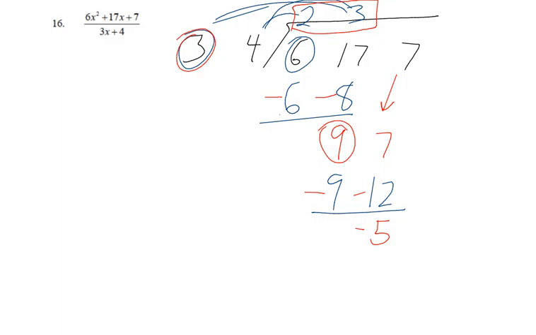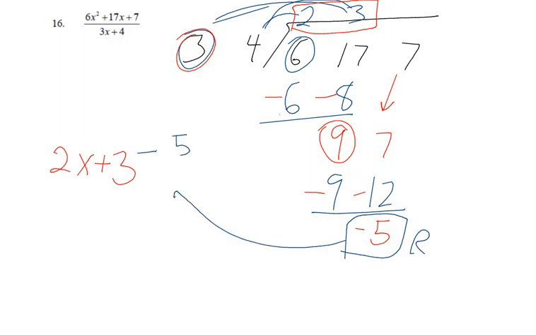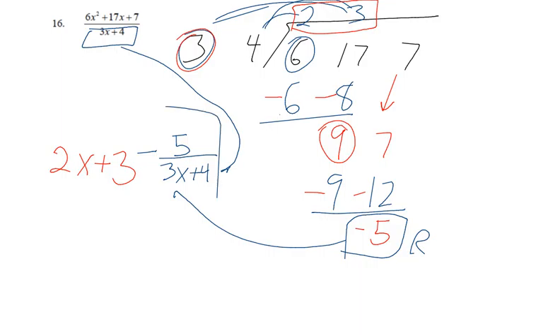That's the same thing as saying 2x plus 3. On the bottom, you see a remainder of negative 5. The way to write it is to do whatever it is, negative 5, on top of whoever was in the bottom, 3x plus 4. And that's your answer.